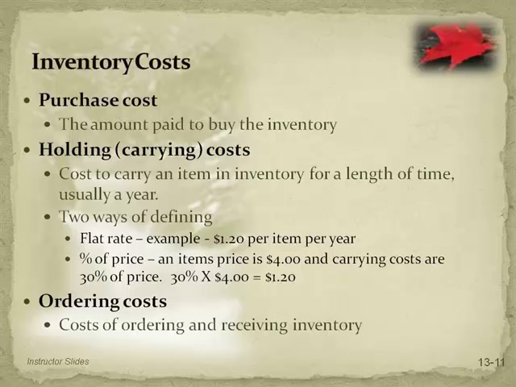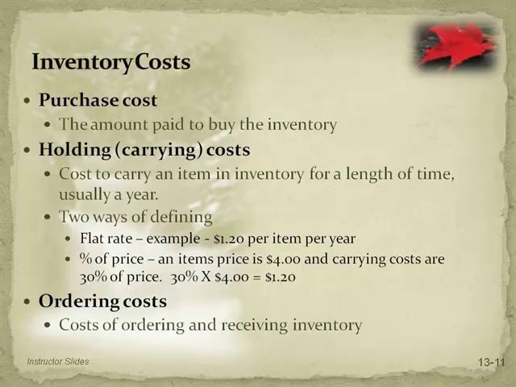$1.20. The second method of defining holding costs is as a percentage of price. An example for that is, let's say I have an item that I buy and its price is $4. And the inventory carrying cost for this item is defined to be 30% of price.